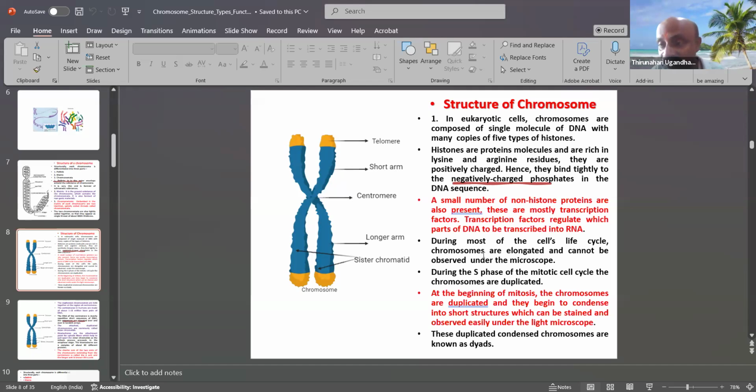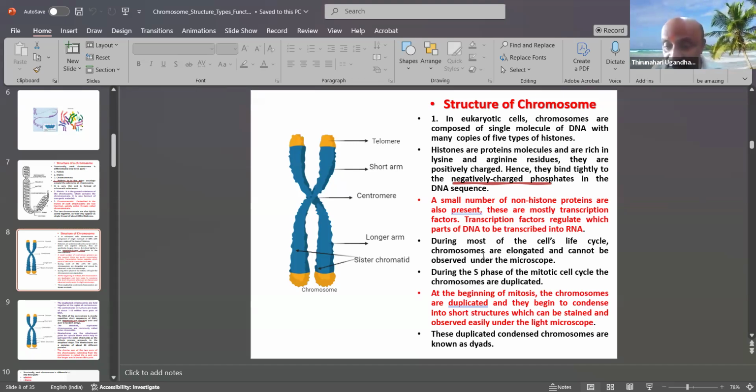At the beginning of mitosis, the duplicated chromosomes begin to condense into short, thick structures which can be stained, for example with saffron. So they are stained and observed easily under the light microscope.